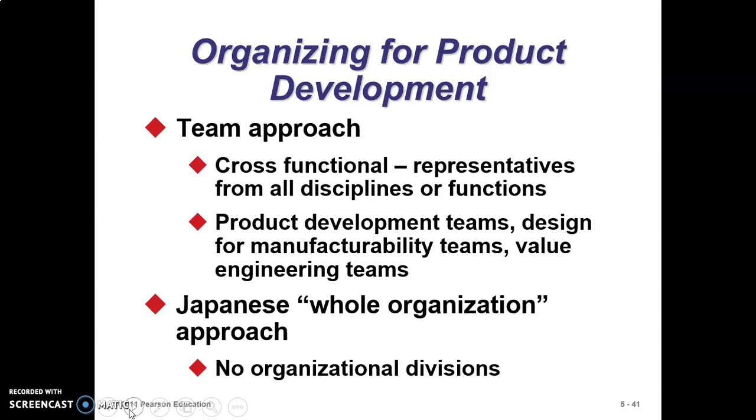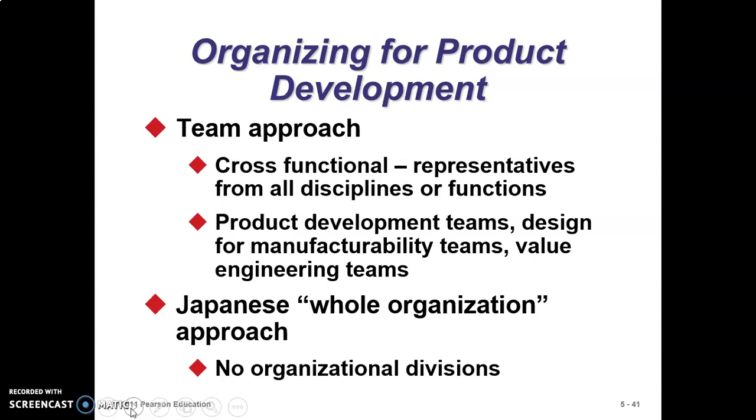So for example, if they produce a car, in the production of a car, they have members from different disciplines or functions. There are marketing functions, designers, and engineering. So all these people will work together as one.